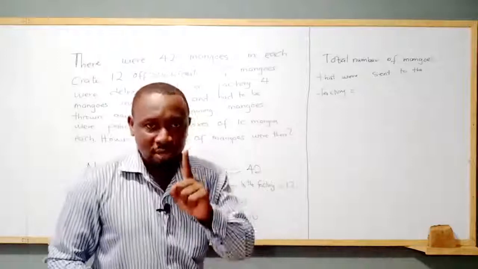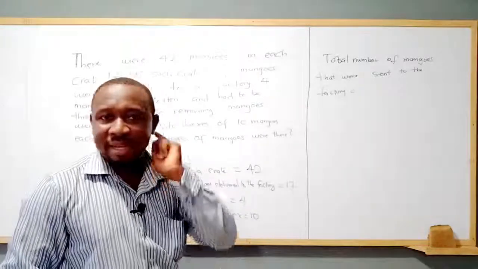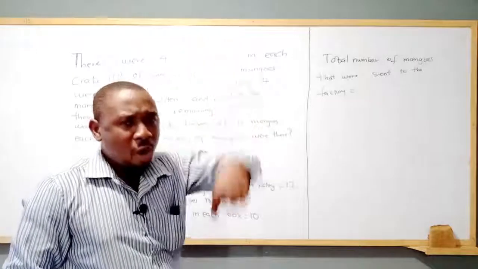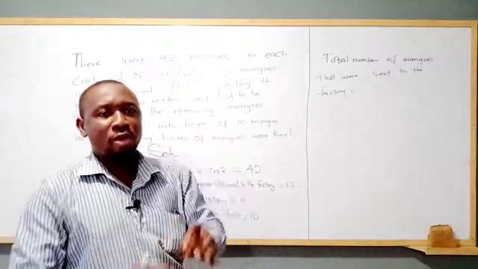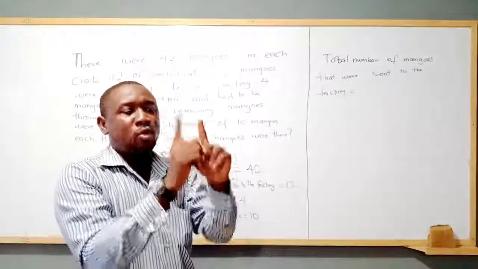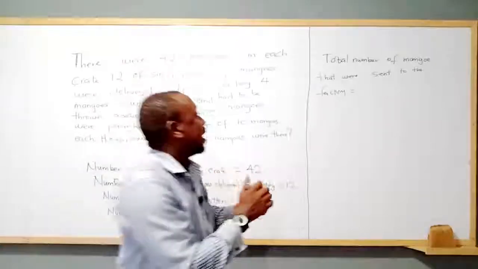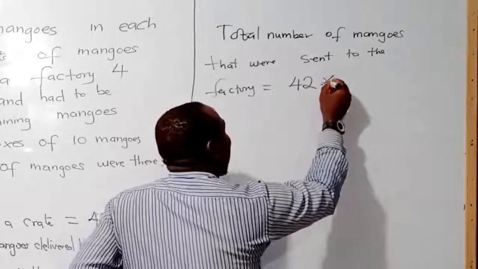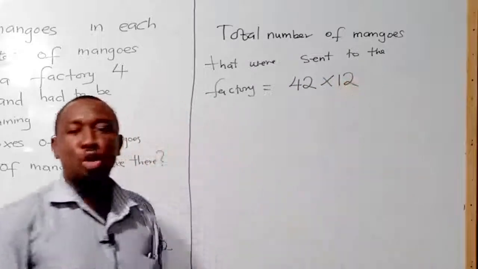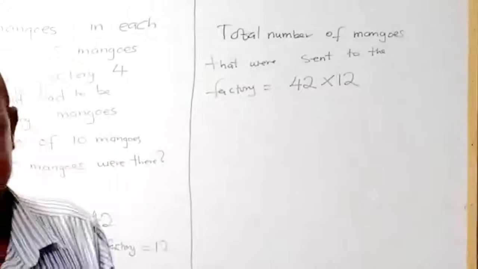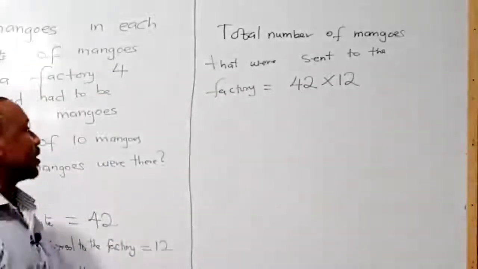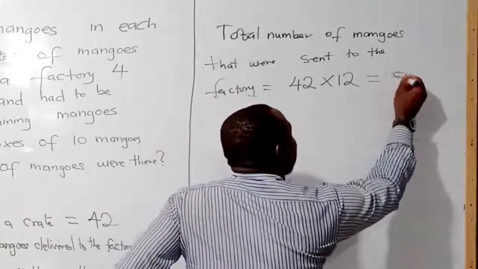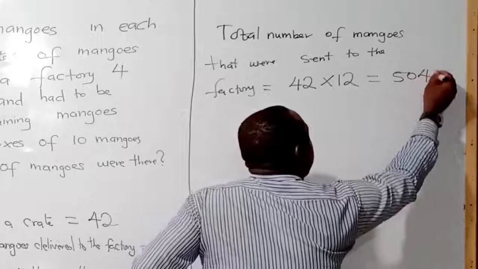We know each crate was containing 42 mangoes. And in this case, we have 12 crates. And that will be 42 times 12, because we have 12 crates. 42 times 12 will give us 504 mangoes.